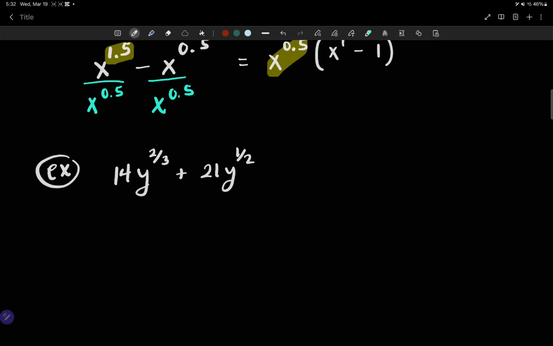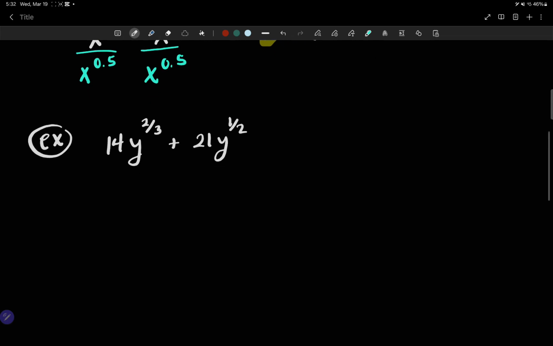Let's change it up. If you want to think about this in terms of decimals, it's a good way to help you figure out how we're going to factor this.